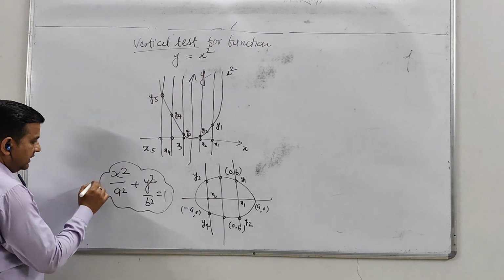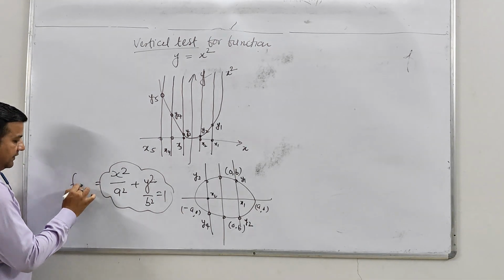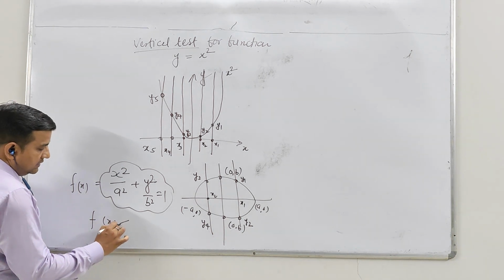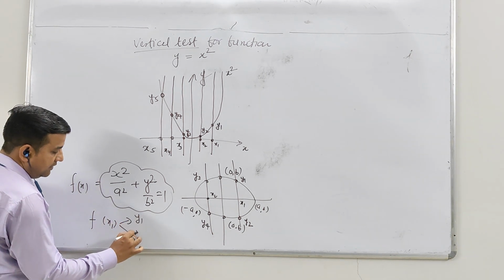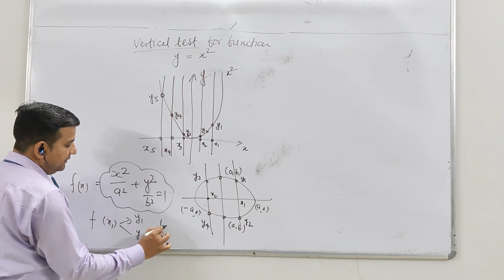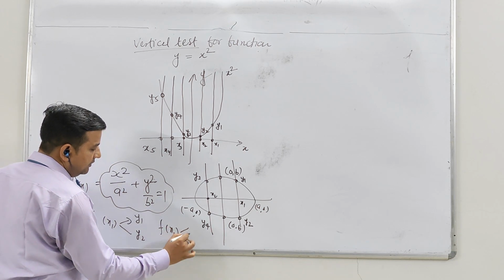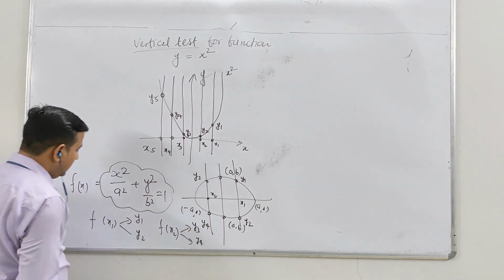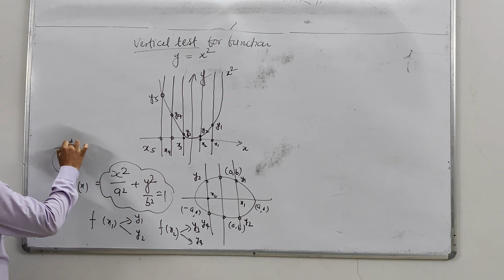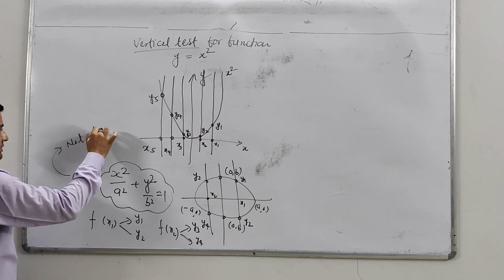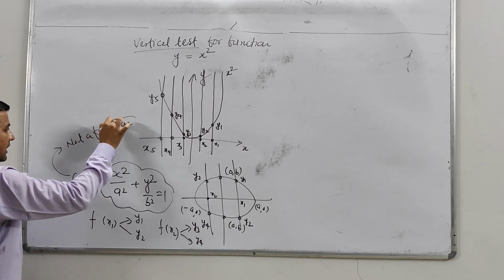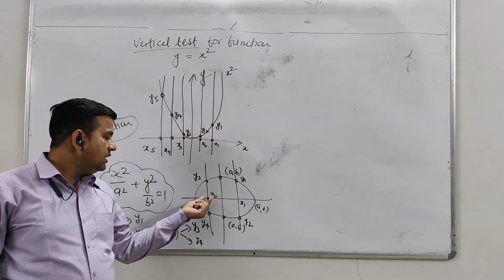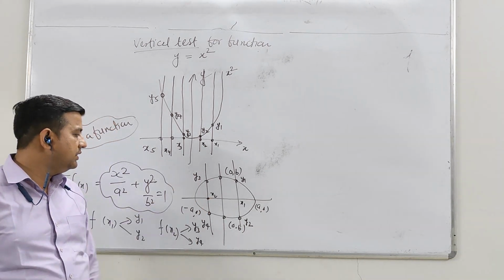If we consider f of x, then f of x1 implies y1 and y2, and f of x2 is mapped or associated with y3 and y4. So we can say that it is not a function, because as per the rule of a function, any input must have a unique output.